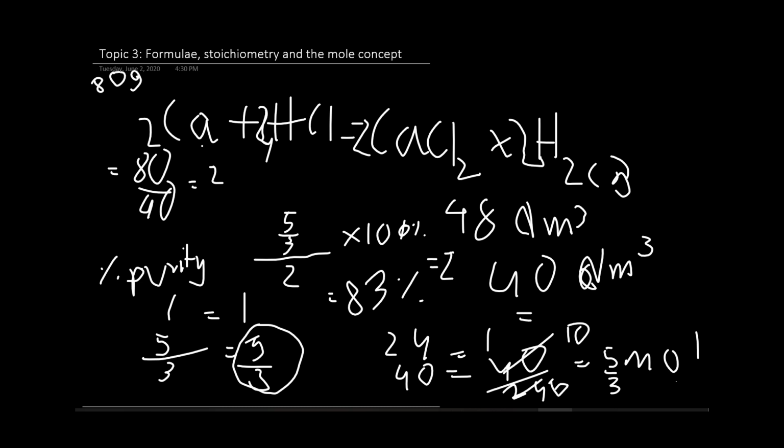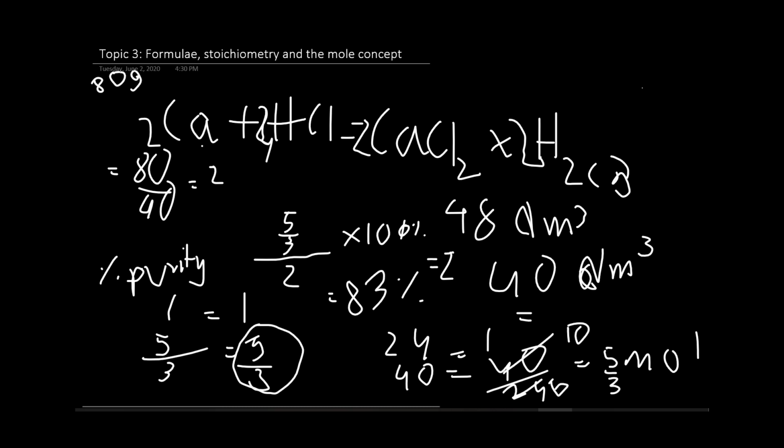Alright, so there's something I forgot to mention here, which is the reason why our percentage yield and purity have turned out to be the same. What you need to do here is use masses and not moles. So you need to convert, in the case of percentage yield as well.